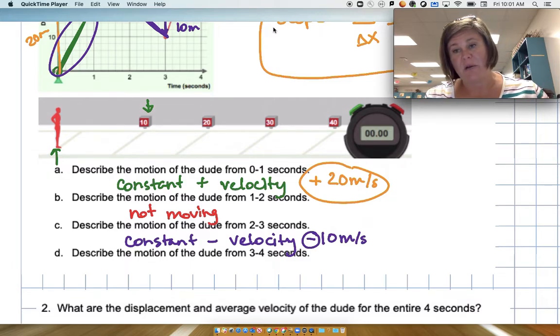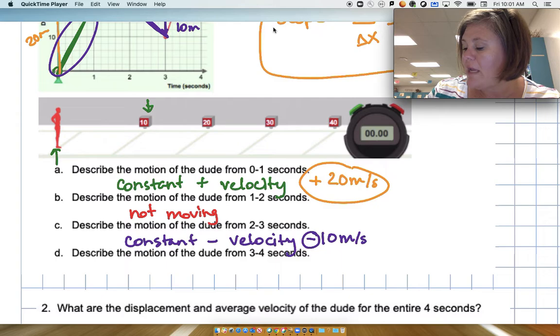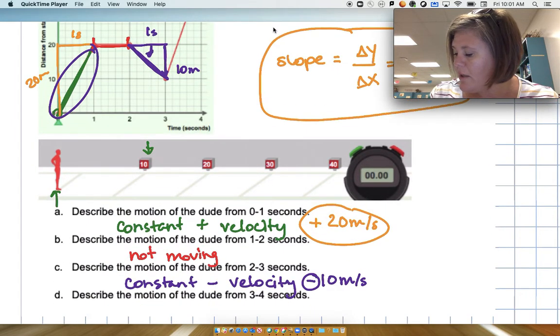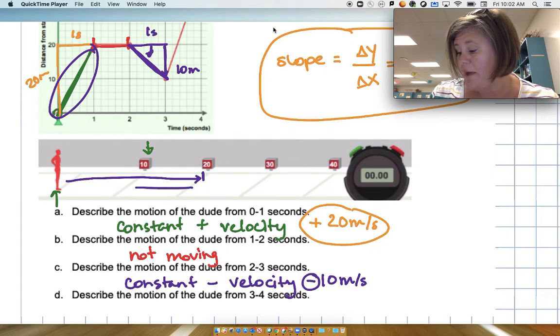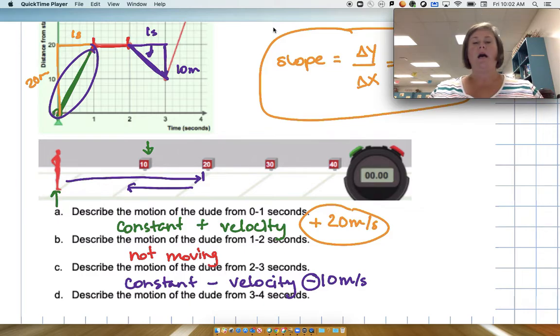He's moving in the negative direction or the backward direction. So he's moving forward here at a constant positive velocity for the first 20 meters. He stops for a second, and then he's going to move back to the 10-meter mark, okay? And so forth. So I think we got the idea for that.